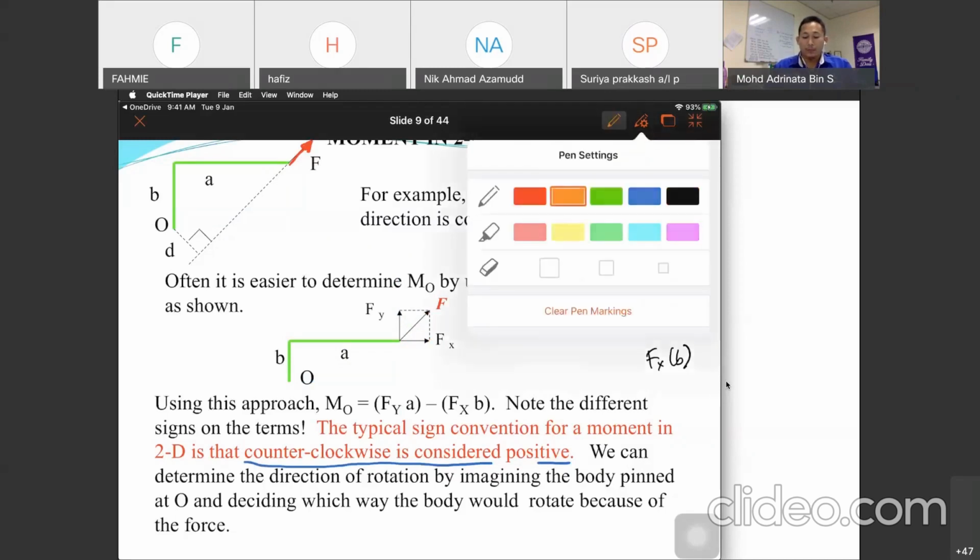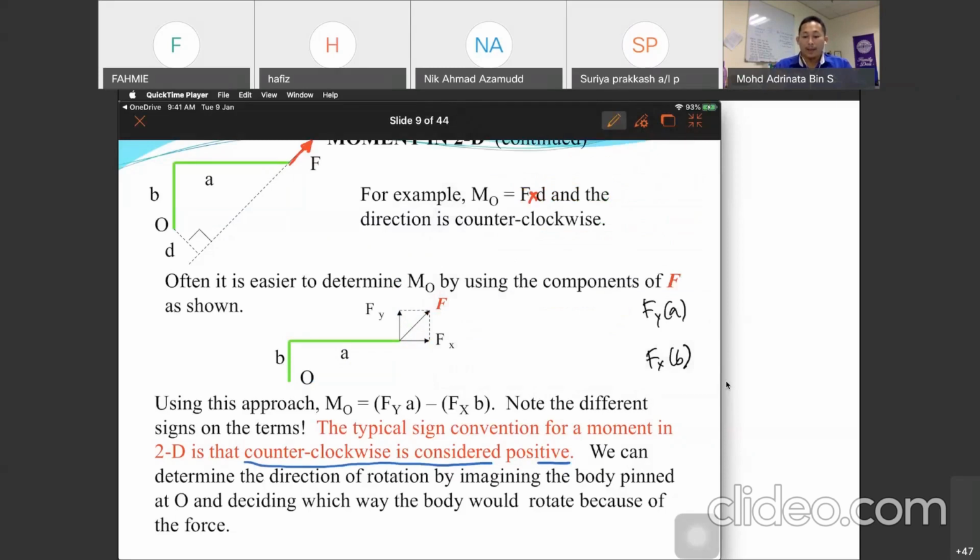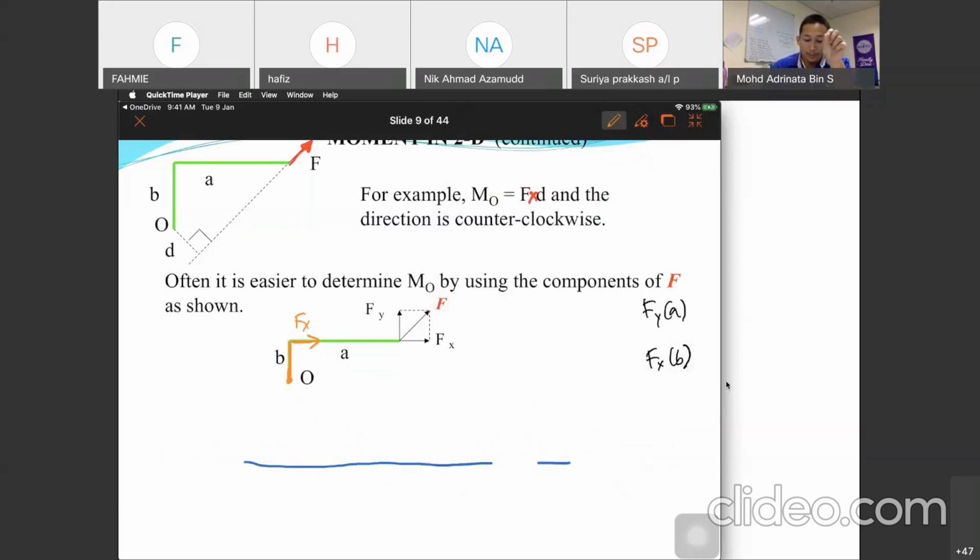Please have a look at Fx. From point O, we have our distance b, and then this is the line for Fx.